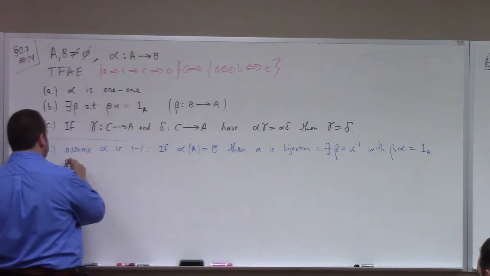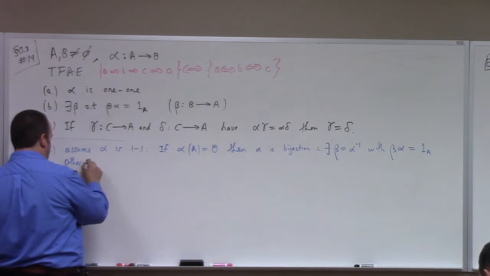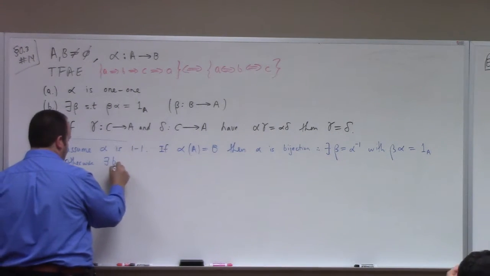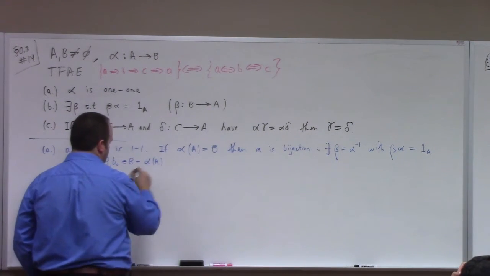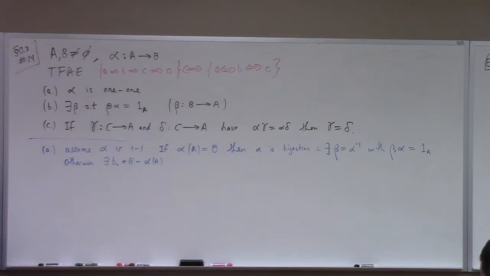Otherwise, there exists b naught in B minus alpha of A. In other words, there's a point outside the range of alpha.